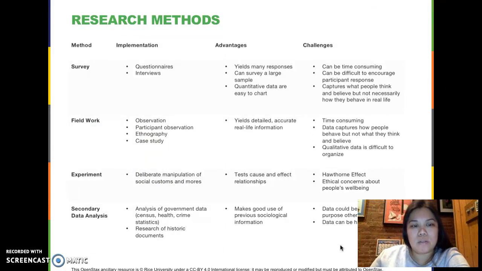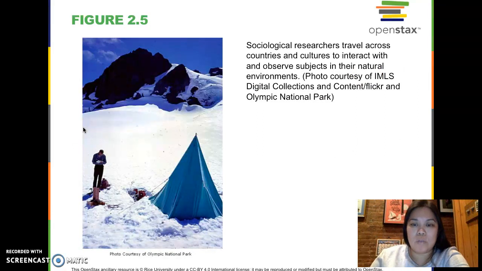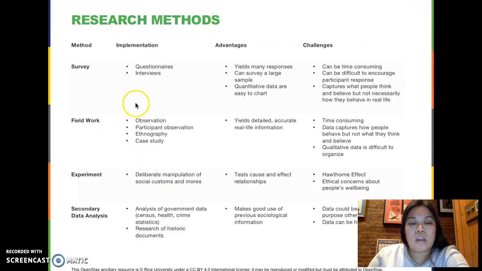So these are the four categories of research methods. The survey, which consists of questionnaires and interviews. There are advantages because it can help you get a lot of answers, but sometimes it's really time consuming. There's field work, which is the idea of being in the field with your subject, observing, doing participant observation, ethnography, or case studies.